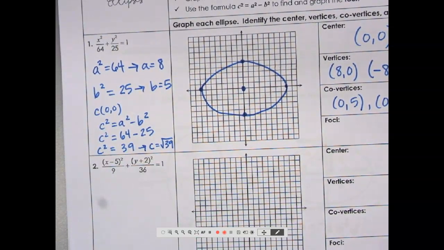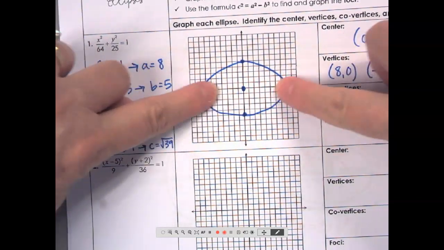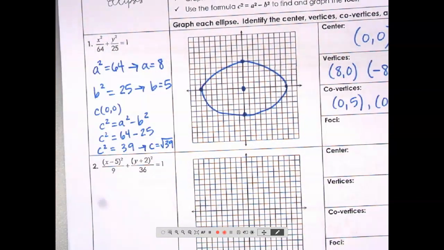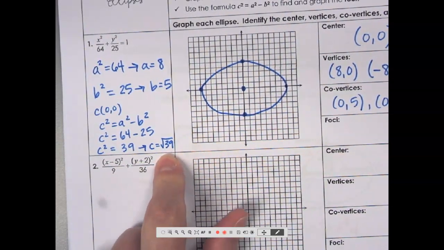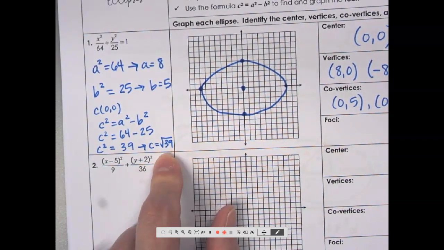Now, the foci are always in the longest direction. So in this case, it's horizontal. The foci are going left and right, just like the vertices do. So if I go right square root of 39, where am I? What ordered pair? Square root of 39, 0. How much is square root of 39? Between 6 and 7. It's actually a little bit closer to 6, right?